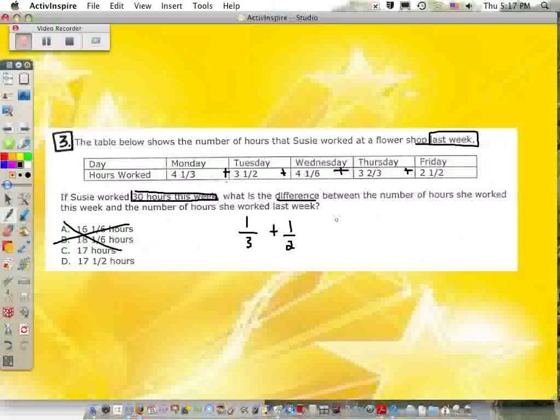I would convert that to 6 plus 3/6, and I would get 5/6. This is just an example showing you how to add fractions. I'm not going into details on how to add fractions because y'all should know how to do that. Well, and you should come out with your answer. These are not the correct answer choices, once again.